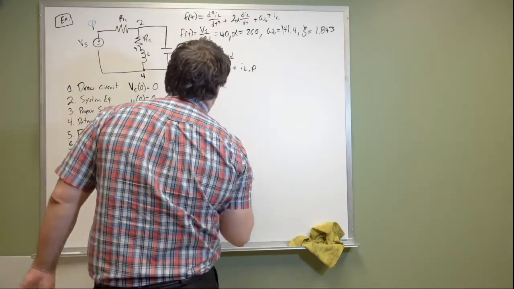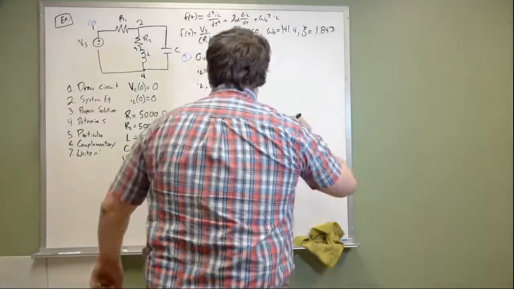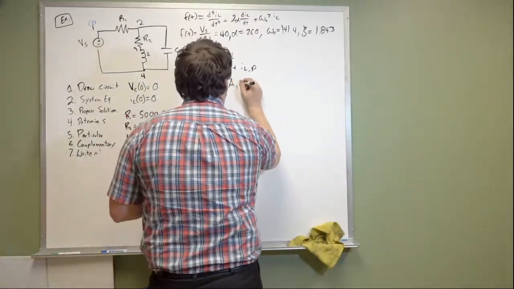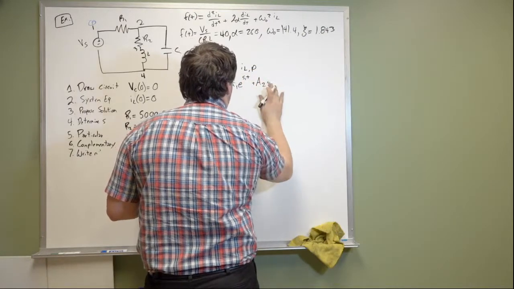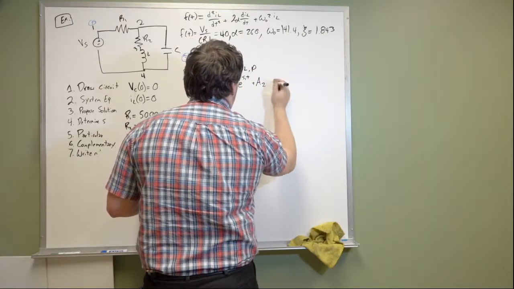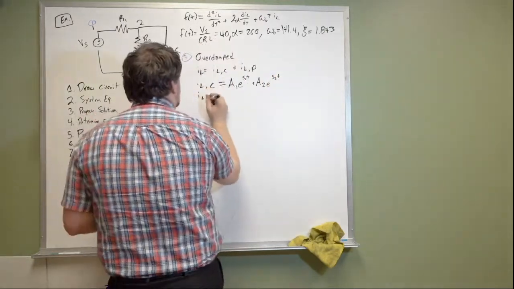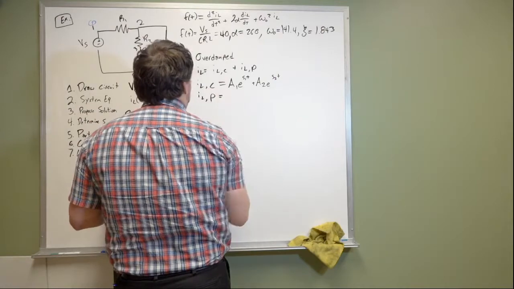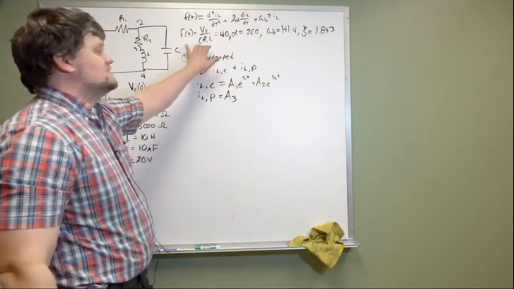Because it's an overdamped system, we know that our complementary solution is going to take the form of A1 e to the S1t plus A2 e to the S2t. And we know our particular solution is going to take the form of A3, because this is a constant.